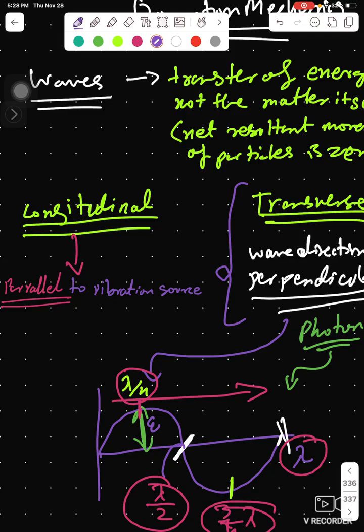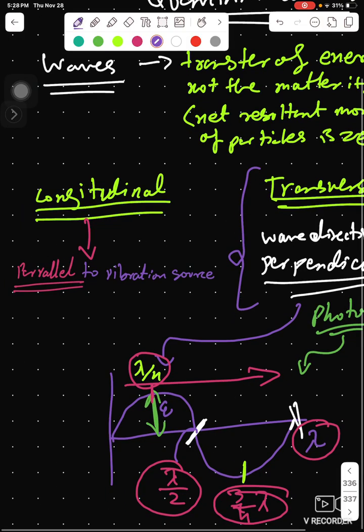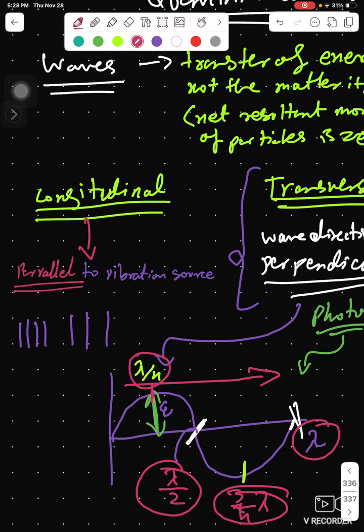One more key point is that we also have something known as compression and rarefaction. Where the particles are close to each other, that's known as compression, and where they have a big distance, we call it rarefaction.